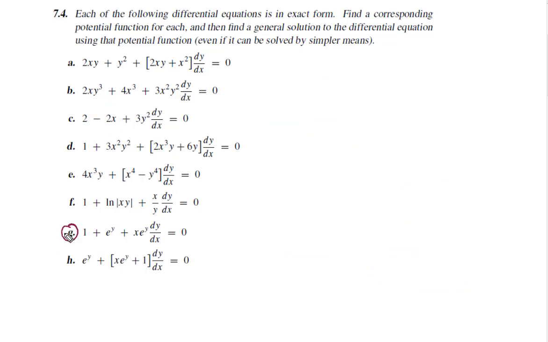So now let's consider the g function, or the part g, trying to recover the function. So we have this, which is our partial of phi with respect to x. And then we have this, which is our partial of phi with respect to y.